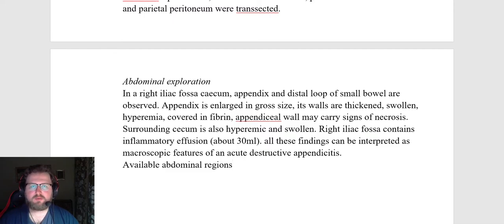That's why you simply can't investigate those regions, because you don't have sufficient access. So available abdominal regions, we know that they include right iliac region itself, right lateral region, pelvic region, and paraumbilical region, with organs which are located in there.